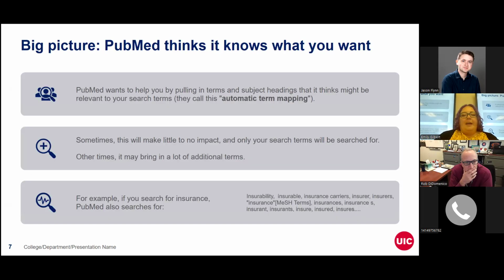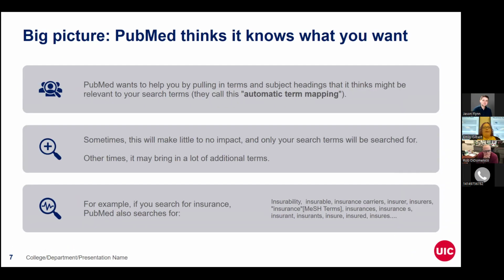But the big picture is that PubMed thinks it knows what you want, and it's going to try really hard to be helpful, quote unquote helpful, not always super helpful. If you search just a regular keyword, if you throw in heart attack in PubMed, it's going to help you by pulling in terms and subject headings that it thinks will be relevant to your search.